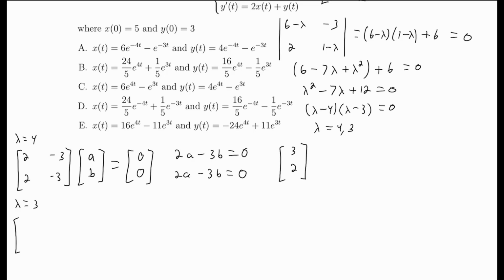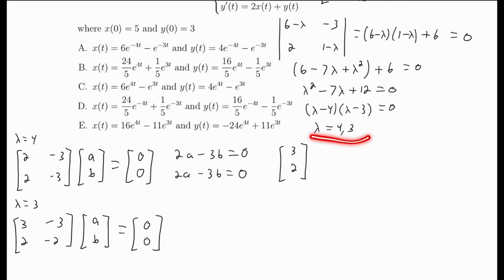When we subtract that from our main diagonal, we get 6 minus 3 is 3, negative 3, 2, 1 minus 3 is negative 2. Multiply by our unknown a and b, and set that equal to the 0 vector. If this step wasn't clear, I'm just taking this matrix and plugging our lambda in for those lambdas and subtracting.